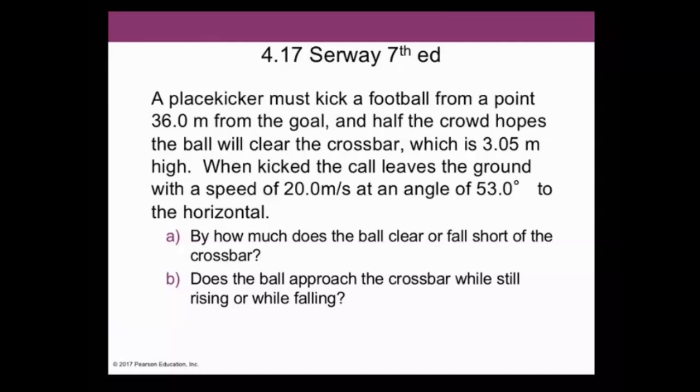When kicked, the ball, not the crowd, but the ball, leaves the ground with a speed of 20.0 meters per second at an angle of 53.0 degrees to the horizontal. Part A of the example asks, by how much does the ball clear or fall short of the crossbar? And part B, does the ball approach the crossbar while still rising or while falling?